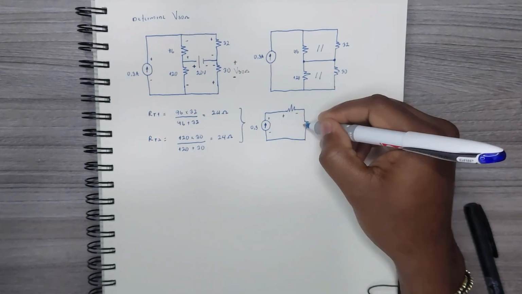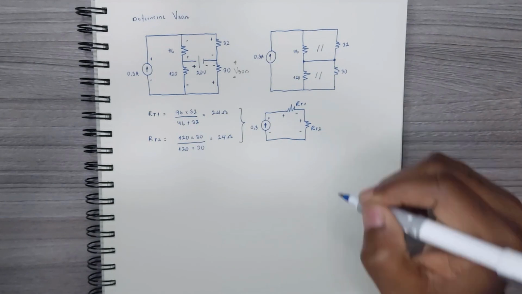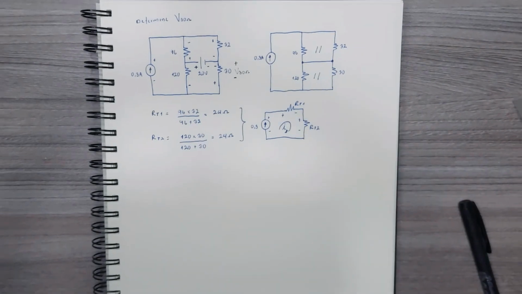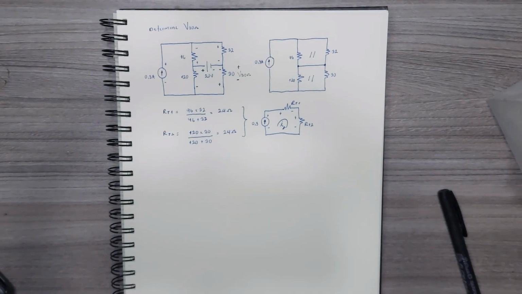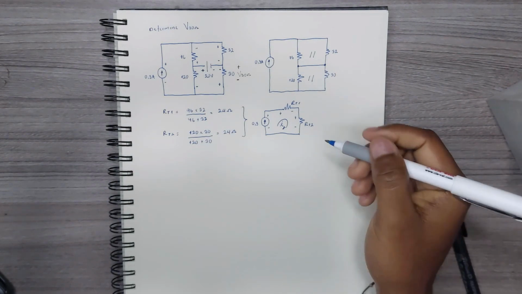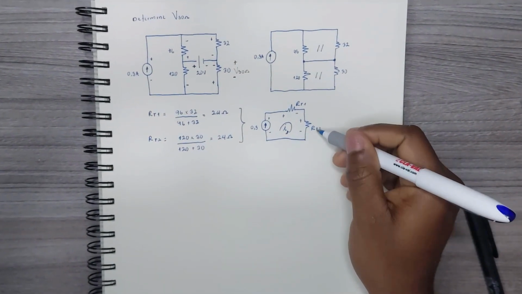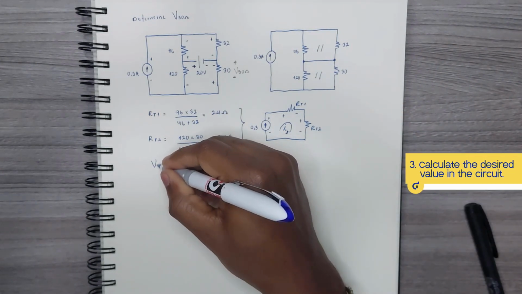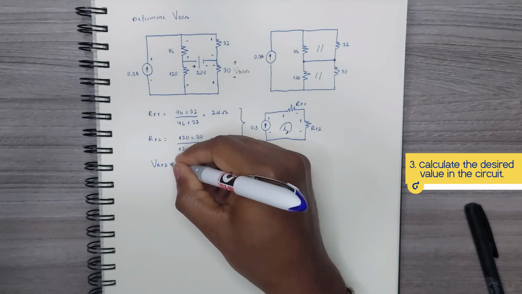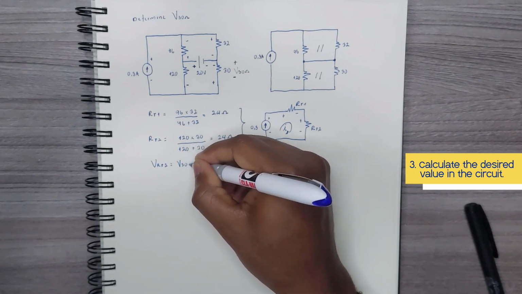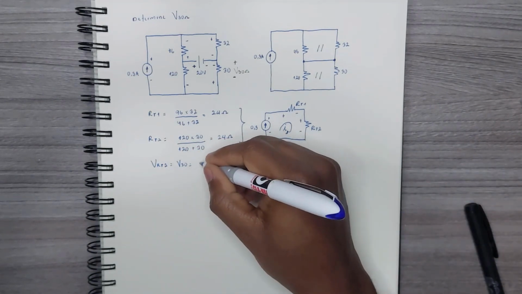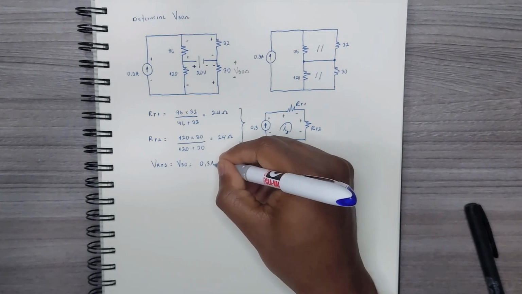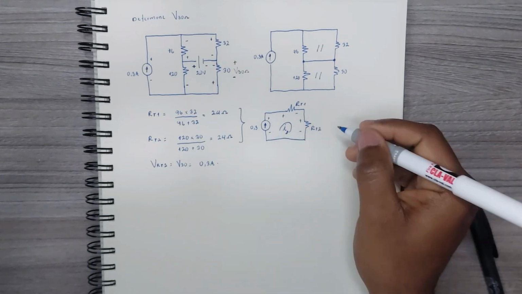In this case, we have a current source in series with two different resistors. We need to calculate the voltage across RT2, since this is the equivalent resistance of the second parallel arrangement of resistors. And we know that when we have resistors in parallel, the voltage across all of them is the same.